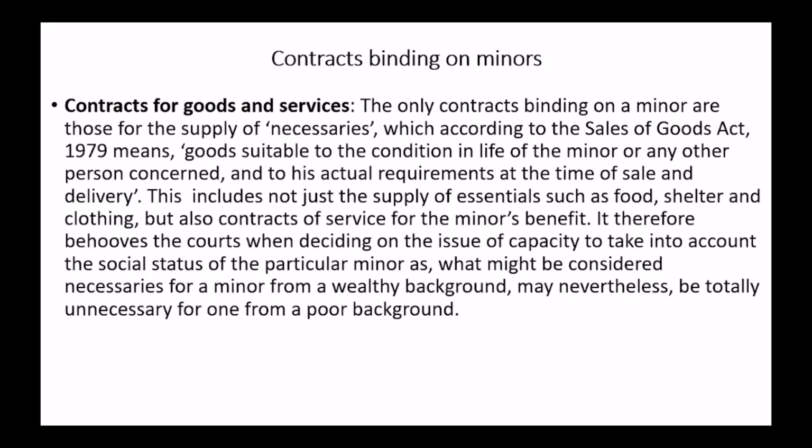This includes not just the supply of essentials such as food, shelter, and clothing, but also contracts of service for the minor's benefit. It therefore behooves the courts, when deciding on the issue of capacity, to take into account the social status of the particular minor, as what might be considered necessaries for a minor from a wealthy background may nevertheless be totally unnecessary for one from a poor background.